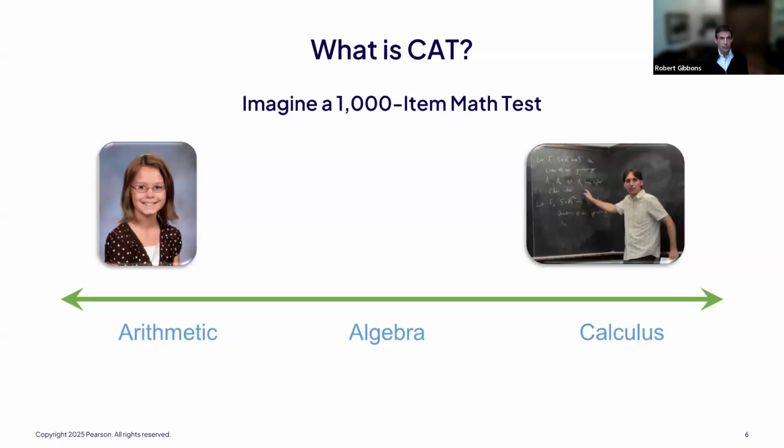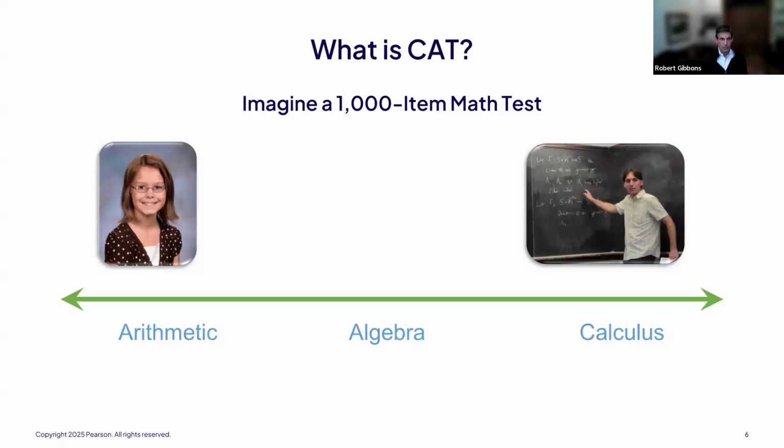Now, I could go through the arduous task of giving each of them this 1,000-item test, and if they sat still long enough to take it, then I would have good estimates of their ability. But I'd be giving arithmetic questions to a graduate student at the University of Chicago and calculus and real analysis questions to a fourth grader, which seems like a huge waste of time. Nevertheless, that is exactly what is done with every traditional mental health measurement.